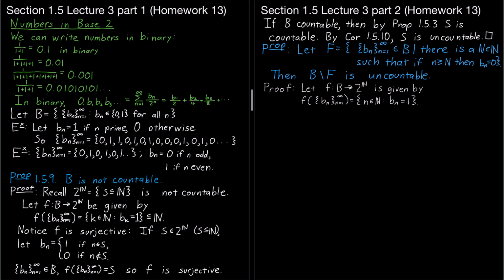So we've seen this function before, and now what I'm going to do is point out to you that if a sequence Bn is in F, then there's only finitely many of the Bn's that are 1, so f of our sequence is a finite set.